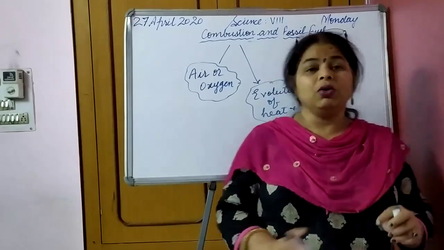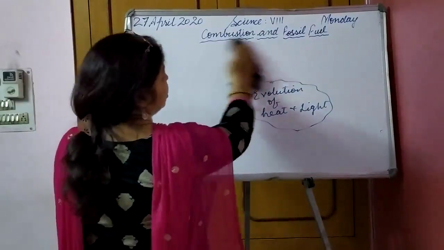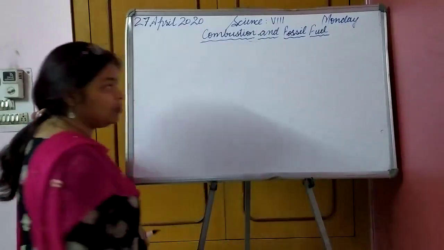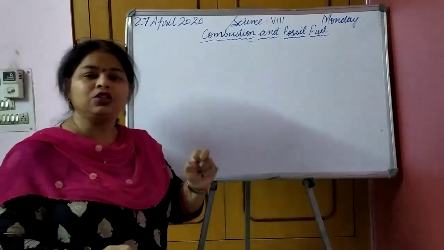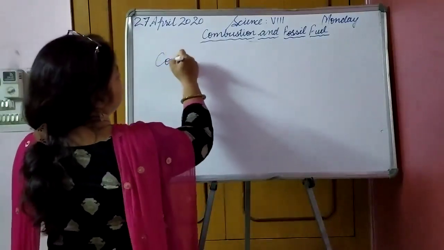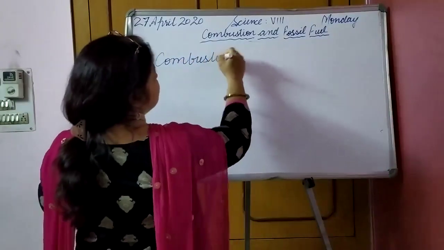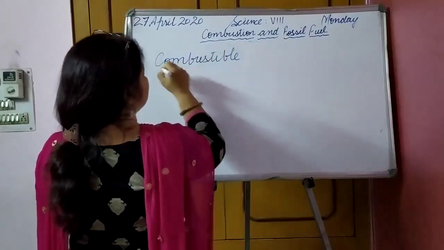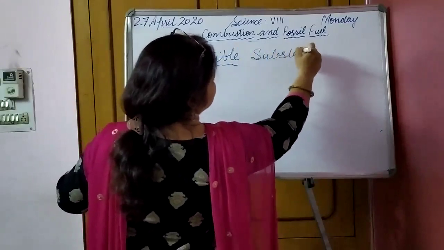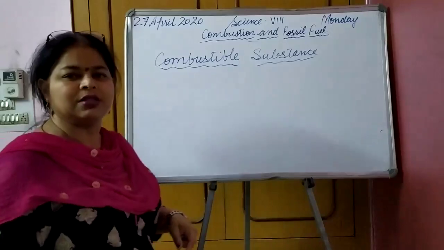Now, related to this word, let us see some more words. Combustion will take place when there is some combustible substance. I am writing here: combustible, C-O-M-B-U-S-T-I-B-L-E. What is the meaning of combustible substance?